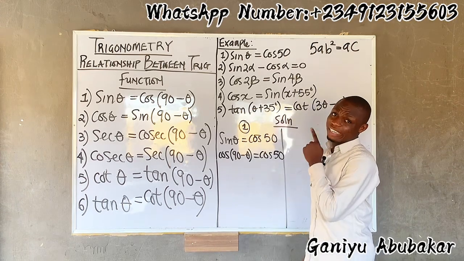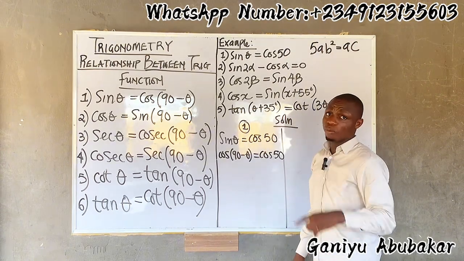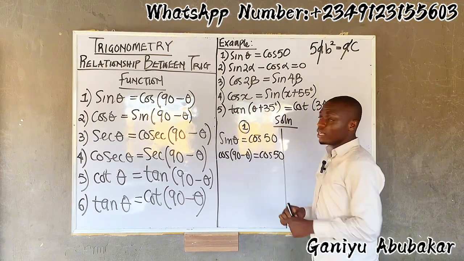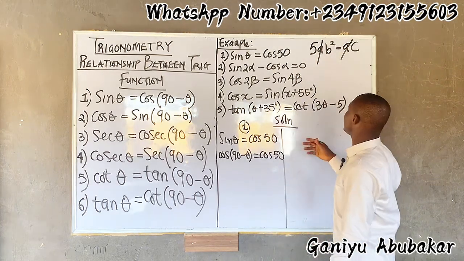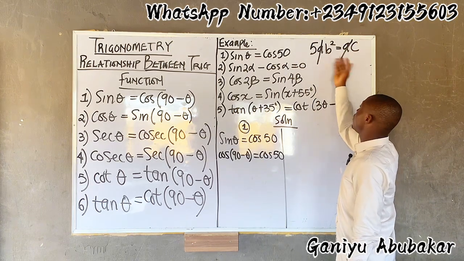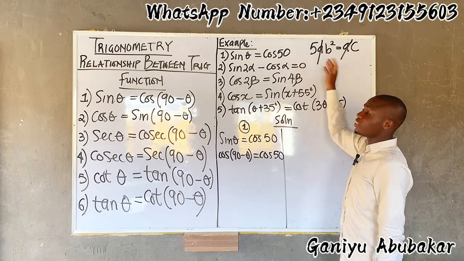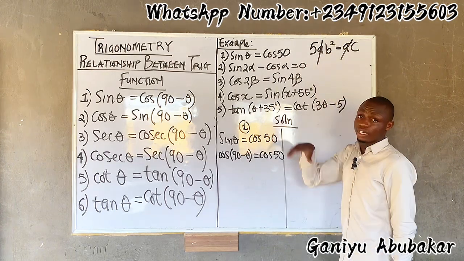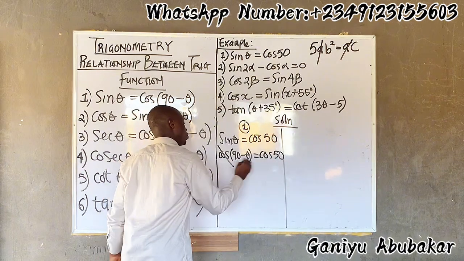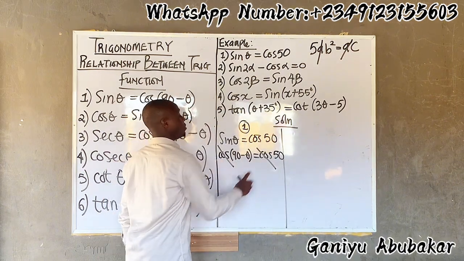Check my left and right hand side. A is common, so it means that A can cancel A. In mathematics, if I have the same expression on the opposite side of an equation, they can cancel out. That is, I can say this cos can cancel this cos because they are the same thing.